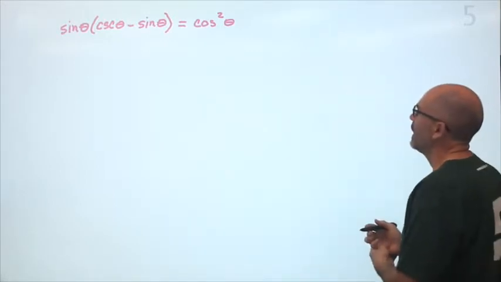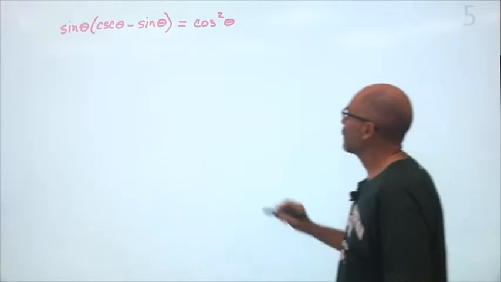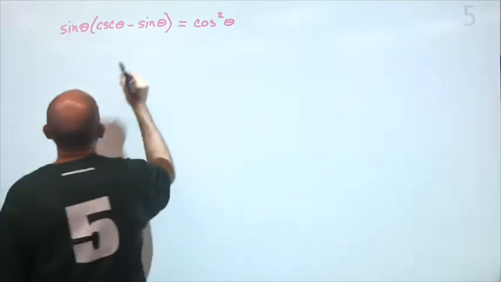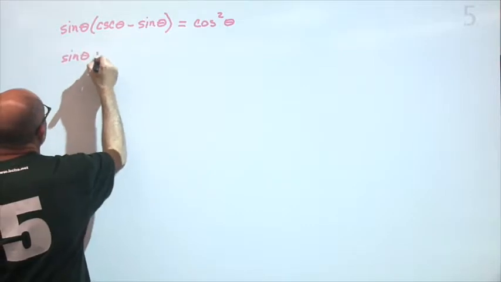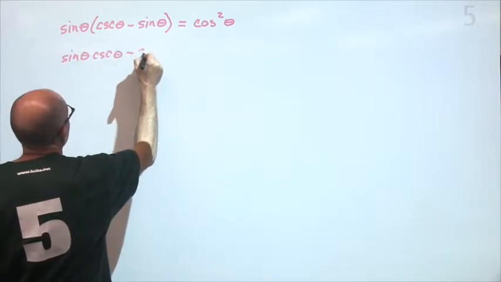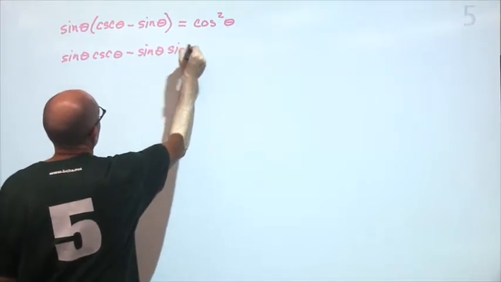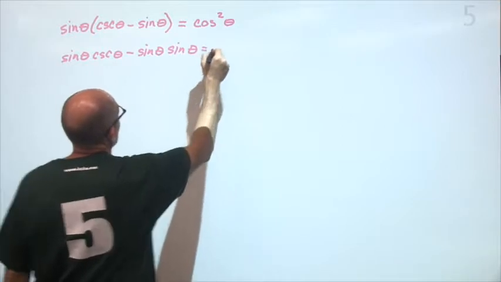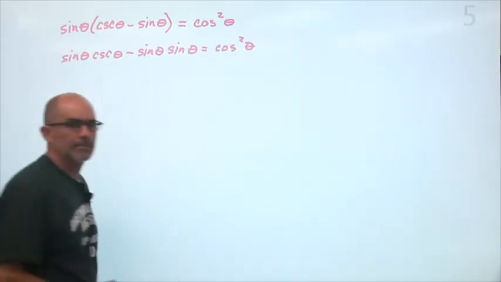Okay, so let's do this thing. So what we do is we multiply through the sine theta here. So I have sine theta times cosecant theta minus sine theta times sine theta equals cosine squared theta. Now I haven't touched the right side.